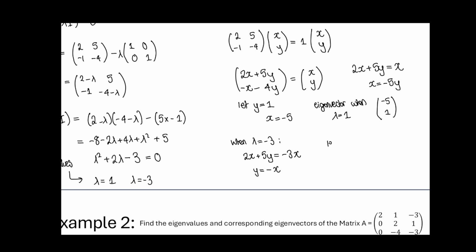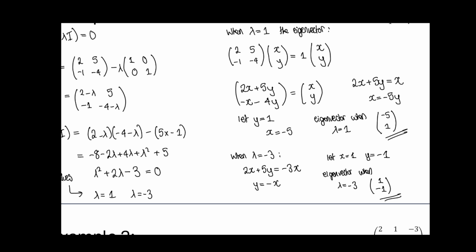If we let x is equal to 1 this time, we get y is equal to minus 1. So the eigenvector when lambda is equal to minus 3 is (1, minus 1). Hopefully that made sense. Here I have skipped writing out this step, but hopefully you can just see that this matrix will always be the same, and there's now a minus 3 here, hence why we had minus 3x.